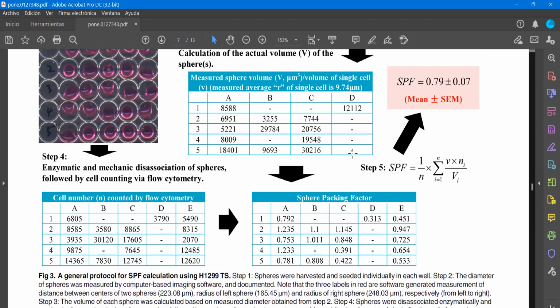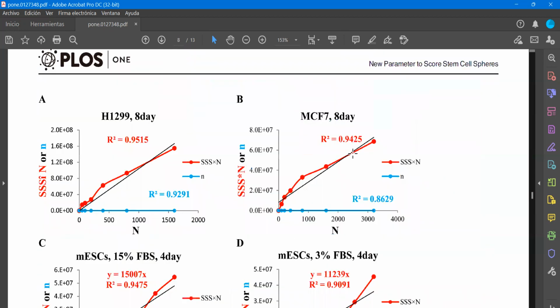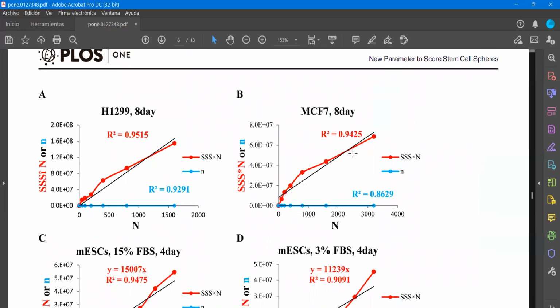And with that value, they saw that the standardized sphere score objectively reflects stem cell potential. And this linearity that you see with these different cell lines shows that the linearity of the standardized sphere score is not cell line dependent.